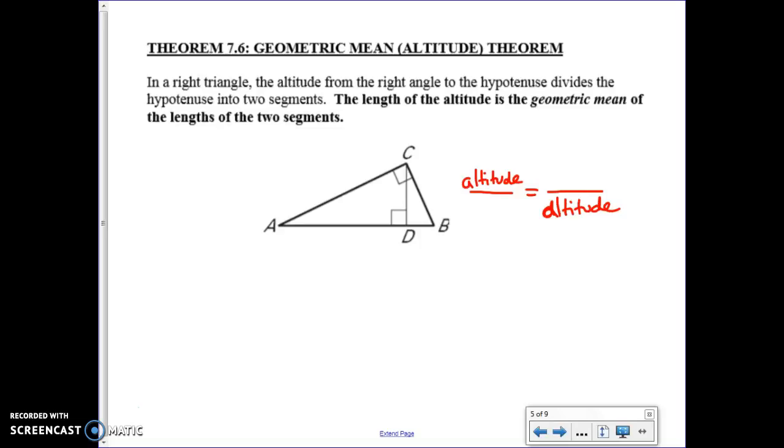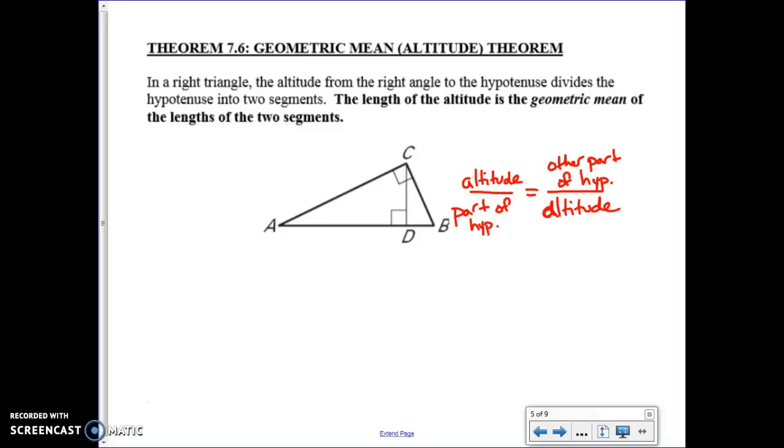And then the other pieces are the 2 parts of the hypotenuse. So part of hypotenuse and other part of hypotenuse.